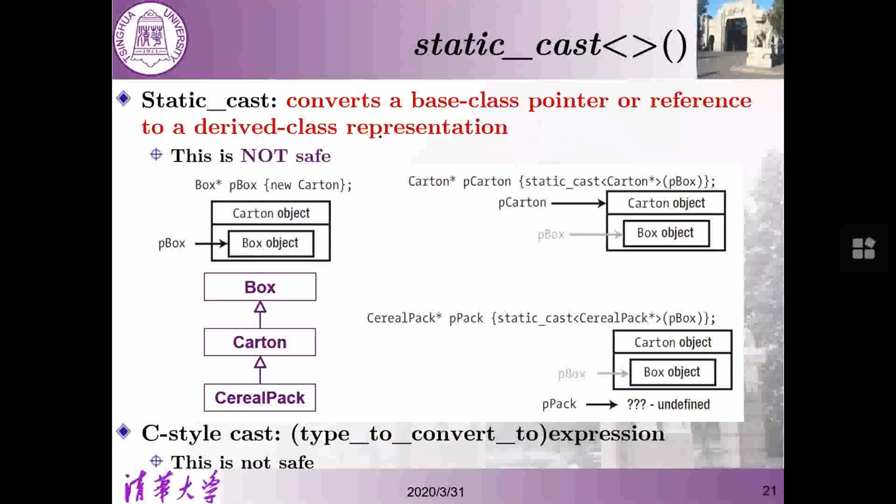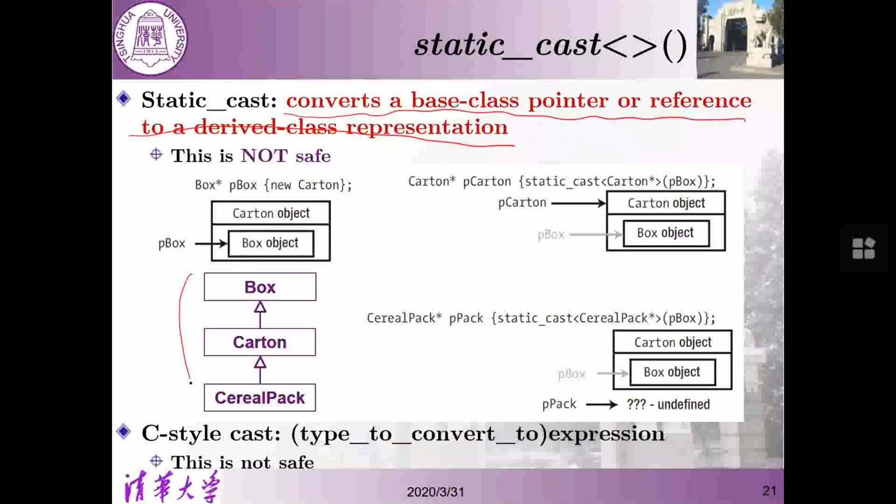In another way, we can cast downward. For casting downward, we convert a base class pointer or reference to a derived class representation.